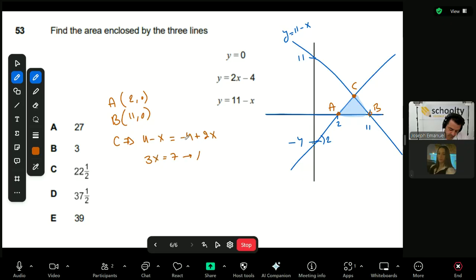No? Yeah. 3x equals not 7, equals 15. So x equals 5. This is 5. And substitute it here, so it will be 6. So C is (5,6).